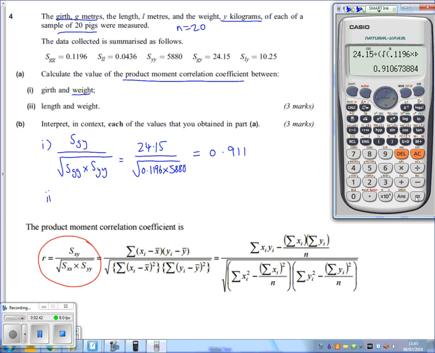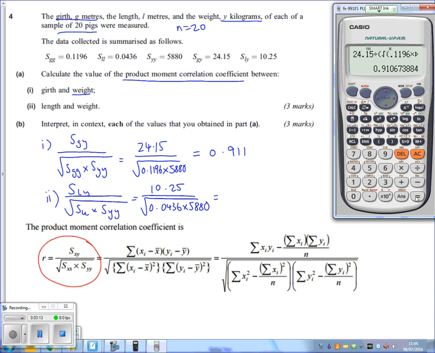Part 2, very similar. This time I'm doing length and weight. Length is L, so I need Sly over the square root of SLL times SYY. So that's 10.25 divided by the square root of SLL, which is 0.0436, and then SYY again, 5880.